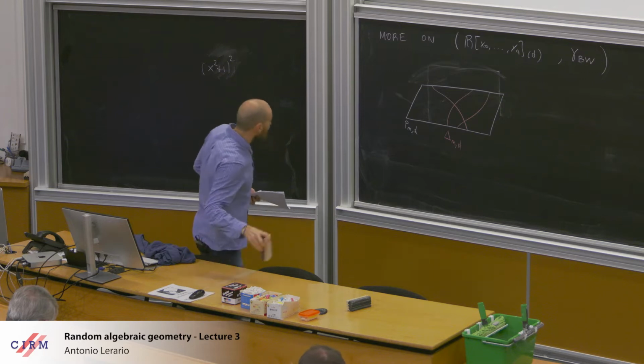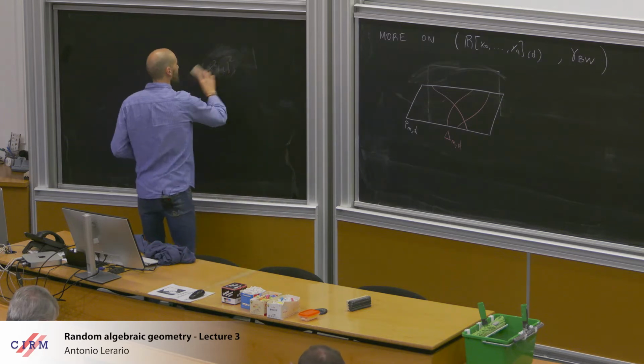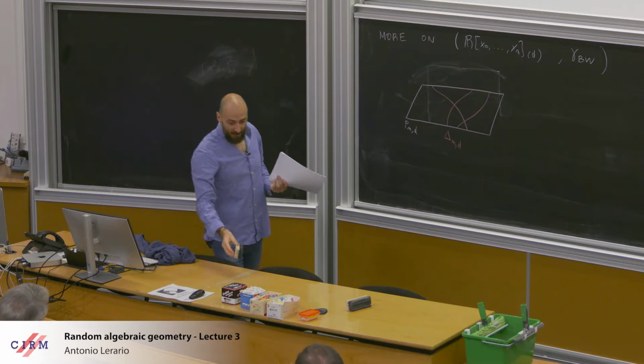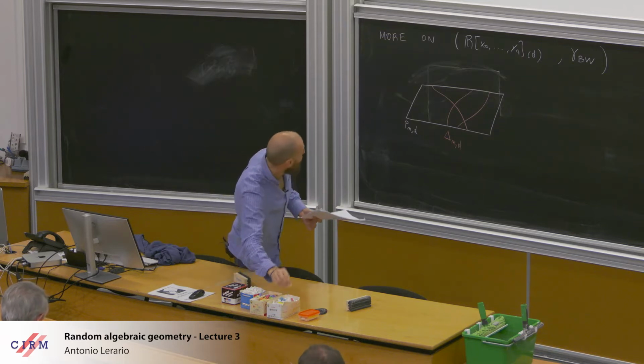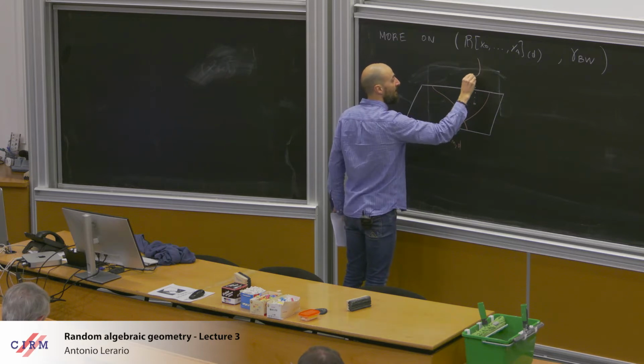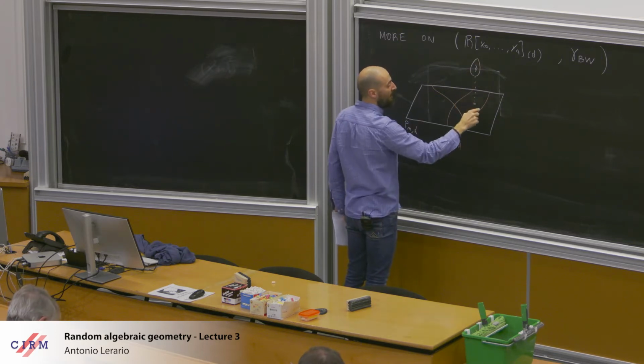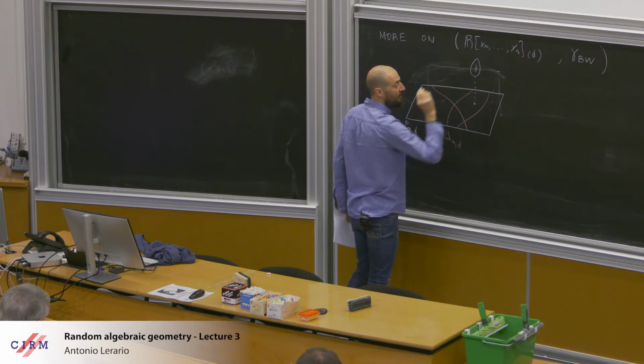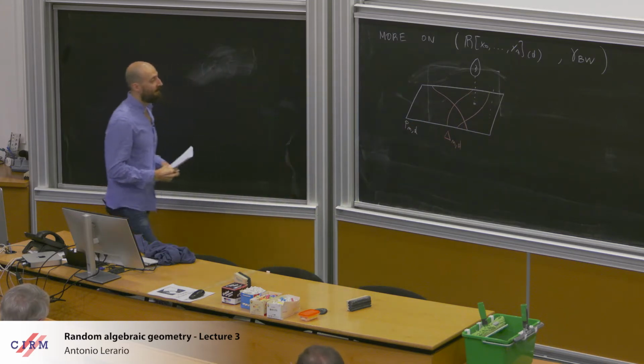So there is this space here, and over each component we have a zero set. When you cross one of the components, the zero set changes. This is what happens.